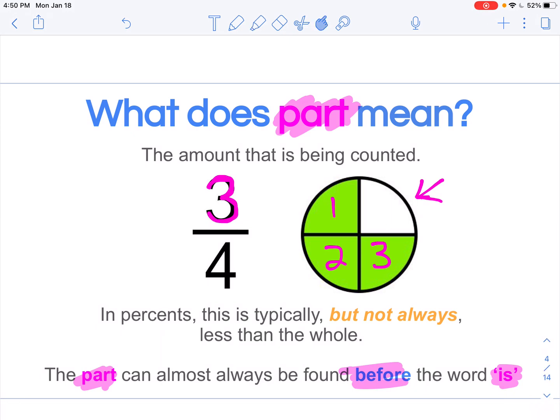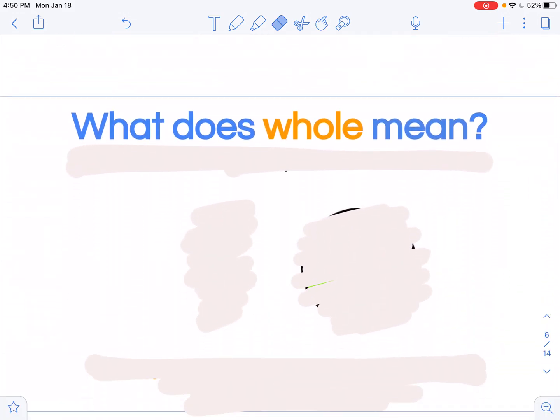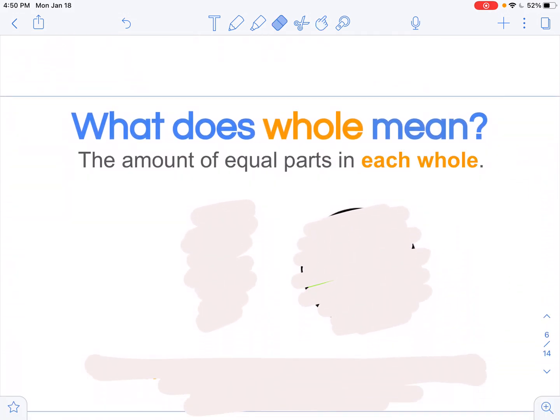All right, so then let's review what the whole means. The whole is the amount of equal parts in each whole. And you know that Mrs. Toivola has been emphasizing this word each. Not all together, but if I draw one whole, how many parts is it cut in? And if I drew another whole, how many parts is just that one cut in?